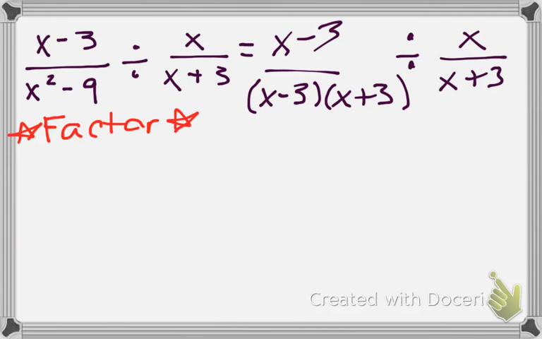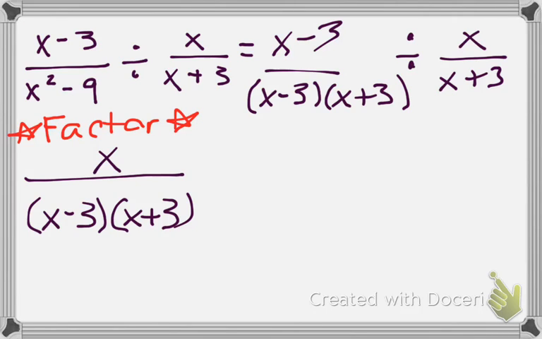Next thing we want to do is the flip and switch. After that, our first term doesn't change at all, so it's still going to be in factored form, x minus 3. But after we've done the flip and switch, it's a multiply, and our numerator and denominator switch spots. So that's looking pretty good.